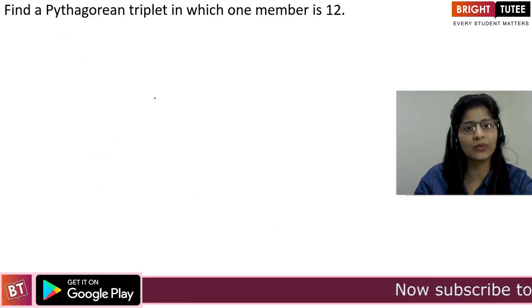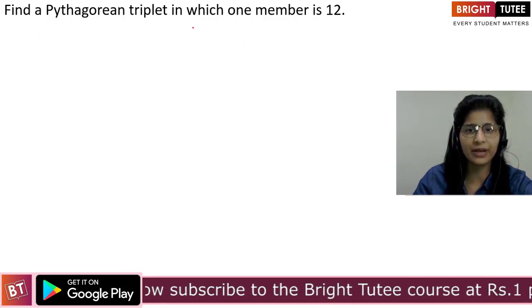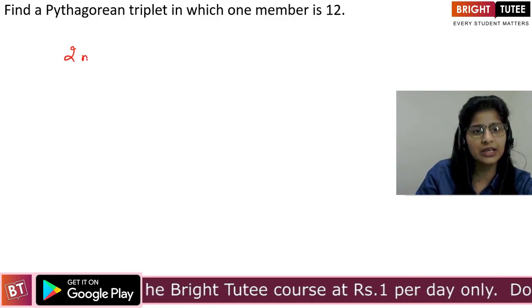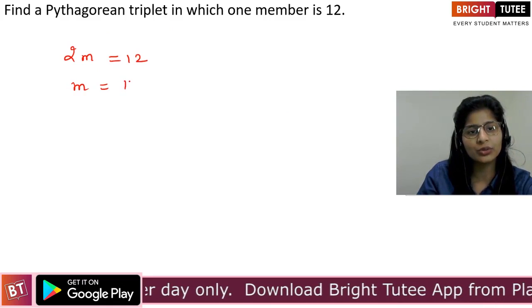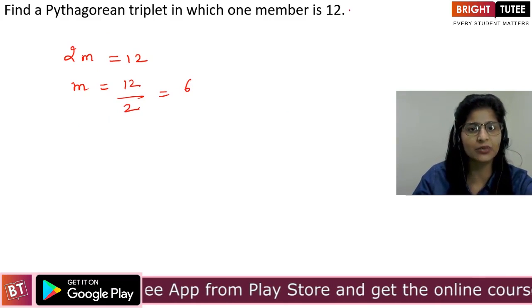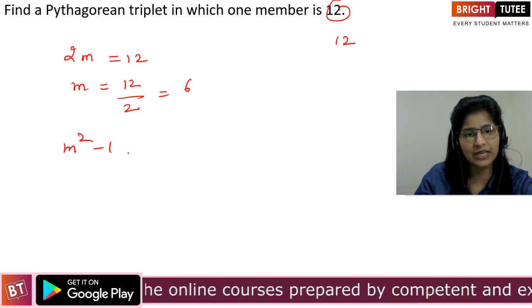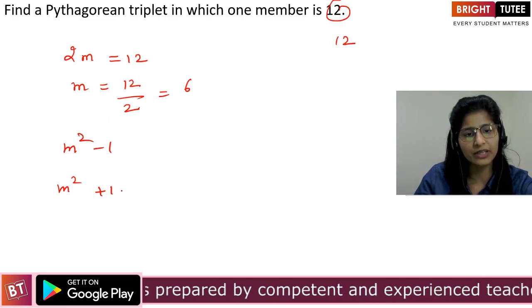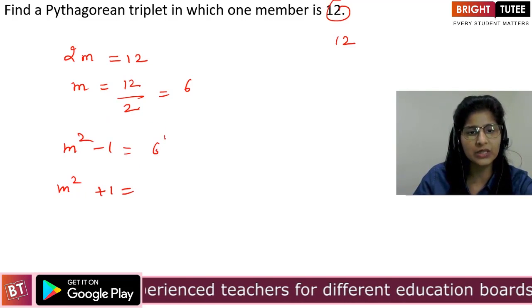Here is another one which says you have to find a Pythagorean triplet and one member is 12. So let us consider 2m as equal to 12. Now m will be equal to 12 upon 2, that gives us 6. If m is 6, one member we know, it is 12. m is 6, then m square minus 1 and m square plus 1 will give us the other two members. m square minus 1 is 6 square minus 1.